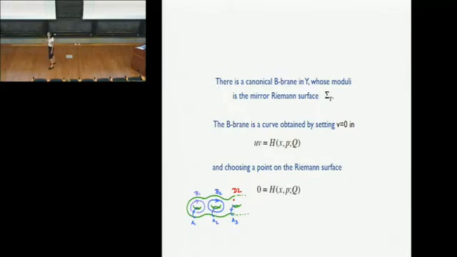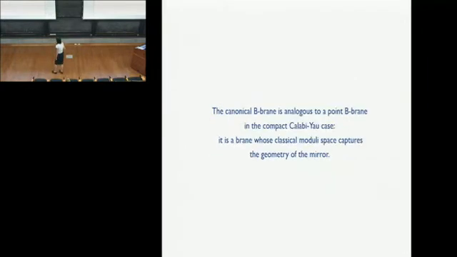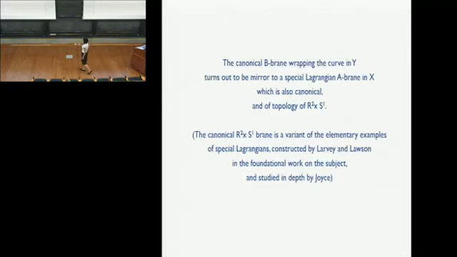We can call it the mirror Riemann surface because it knows all about the mirror. And that canonical brane is analogous to a point brane on a compact Calabi-Yau. It's a brane whose moduli space captures the geometry. Classical moduli space captures the geometry. Okay, so in the B model, everything is classical.